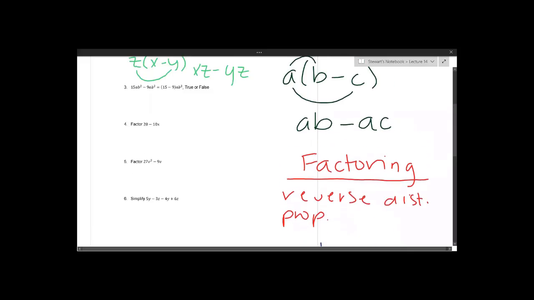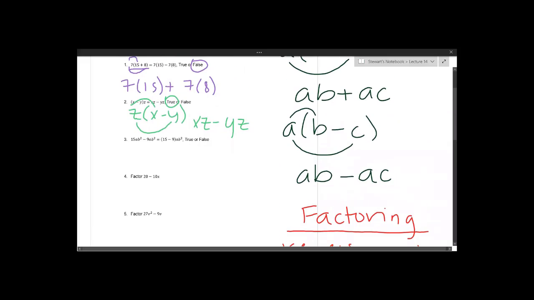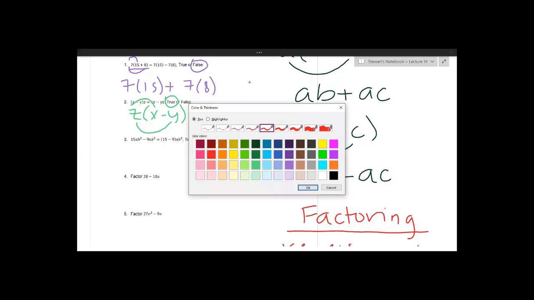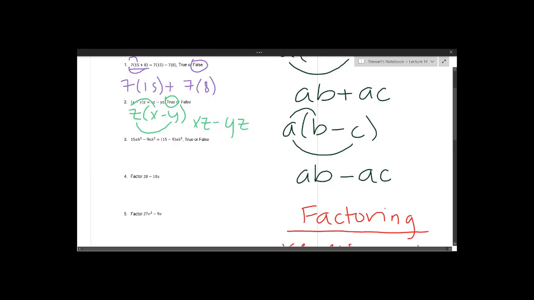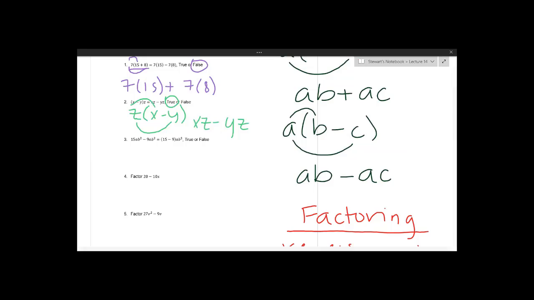Okay. So for number 3, it's asking us another true or false. It says 15ab squared minus 9ab squared equals 15 minus 9 times ab squared. Okay, so true or false? Well, in this one, if we're going to evaluate it, we want to look at what 15ab squared and 9ab squared have in common.